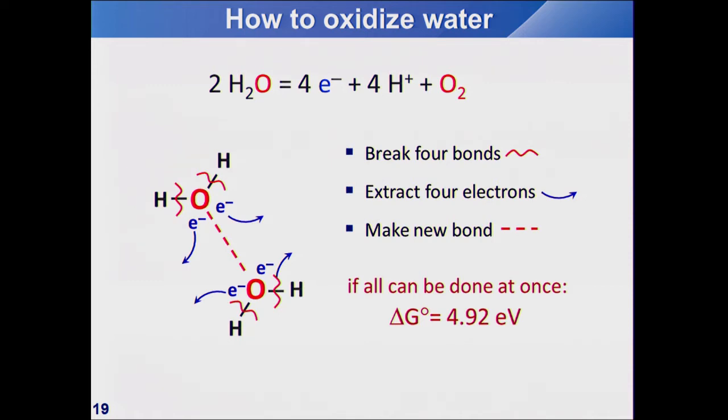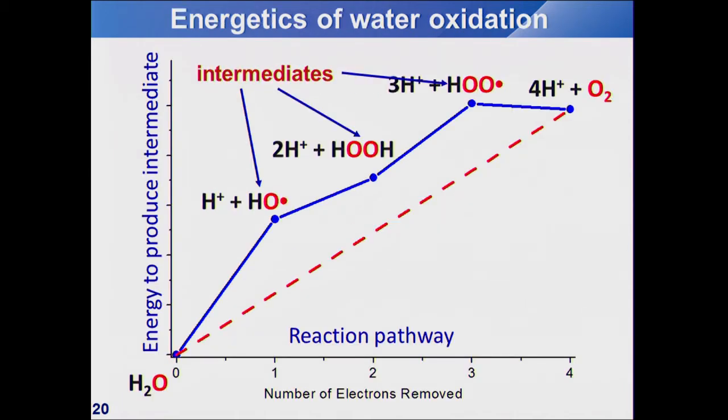So we have to use this amount of energy, and only if we can do all these things simultaneously. In reality, it's impossible. You cannot really do all these things at once. So usually we do one thing at a time.